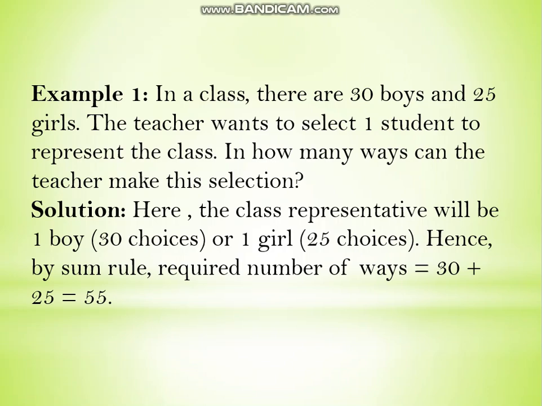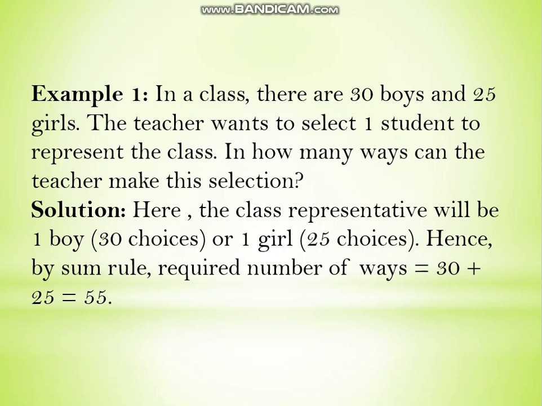We should be able to tell whether the question is about the sum rule or the product rule, and apply the rule accordingly. If the example is talking about selecting this and something else, or doing one task and simultaneously a second task, then the AND rule is applied and we multiply the number of choices. If we are doing either the first task or the second task, then we add the number of ways.